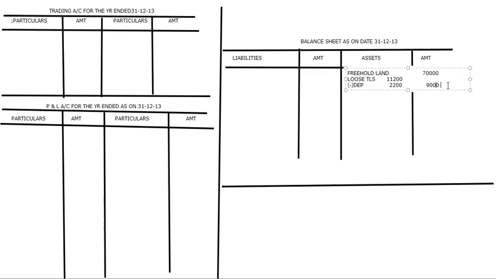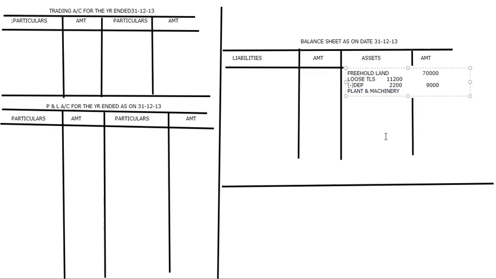After this, he has given plant and machinery. Did he give any adjustment? No, he has not given any adjustment. So directly I'm going to take this side as plant and machinery.